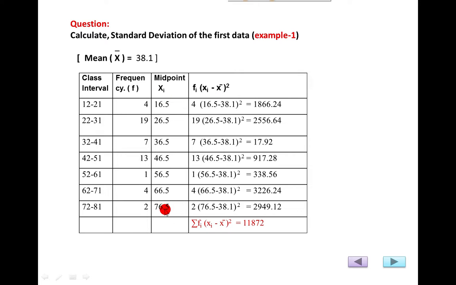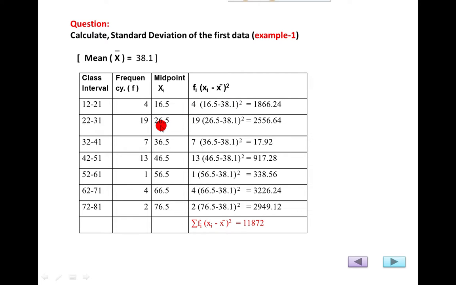Xi is the midpoint, x bar is the mean, 38.1, fixed for all values, then take the square, then multiply by the corresponding frequency. So for the first midpoint, 16.5 minus 38.1, the mean, first take the square of this term, after the difference, then multiply by 4. If you first multiply by 4, then the square will be wrong.